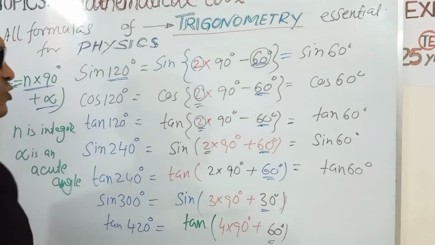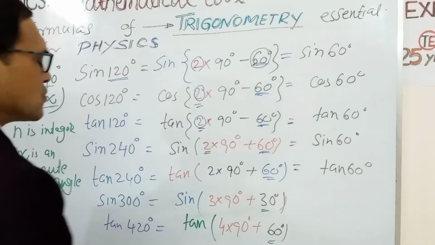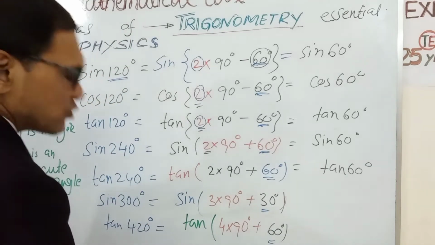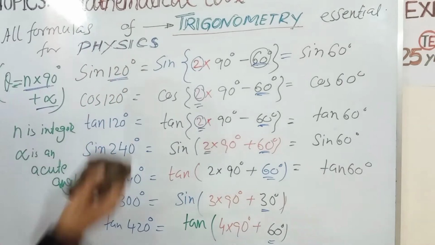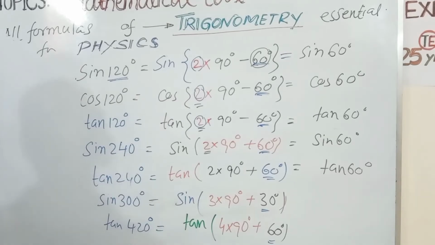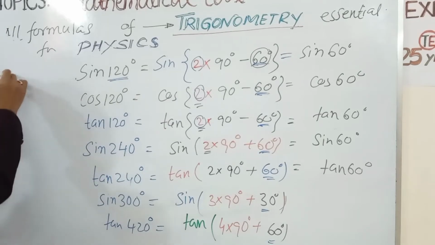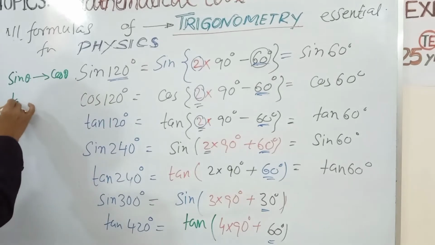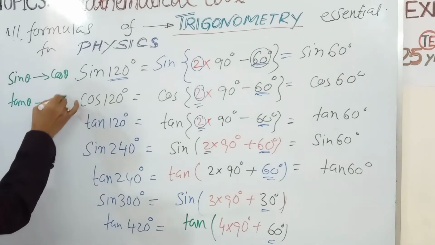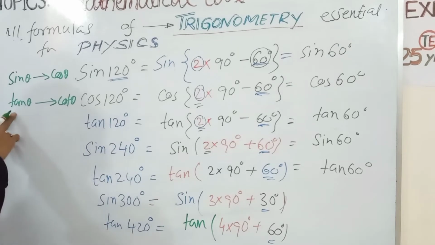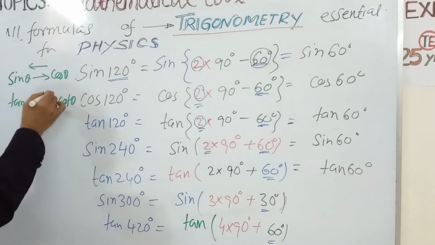Now if the value is odd, then the ratio changes. What will be the change? The change will be its complement. What is the complement? The complement of sin theta is cos theta. Tan theta becomes cot theta, or cot theta to tan theta, cos theta to sin theta.